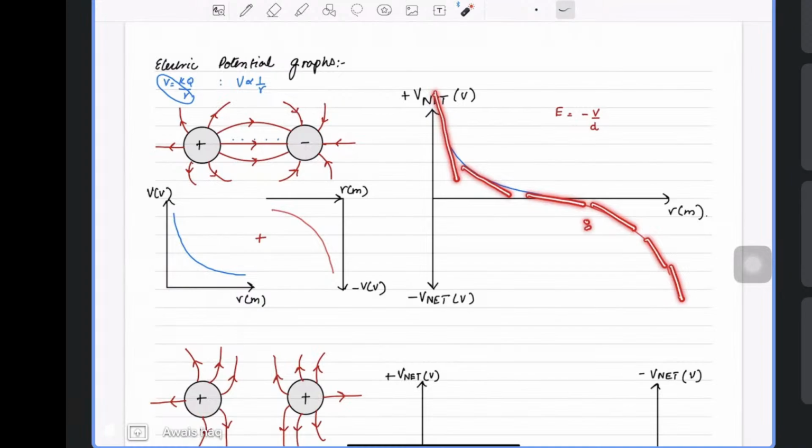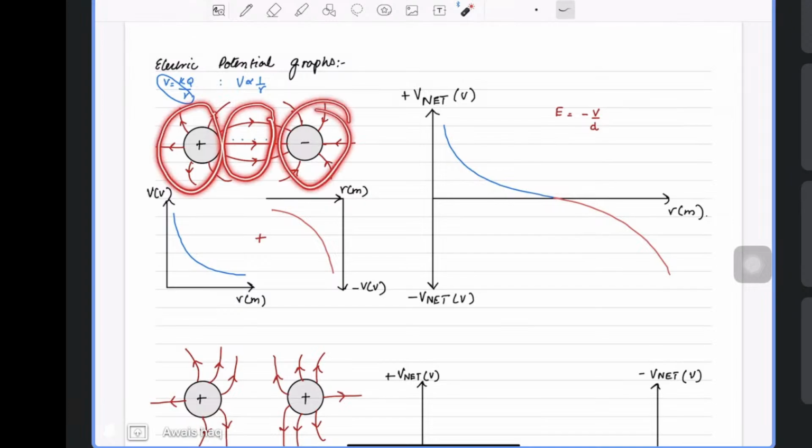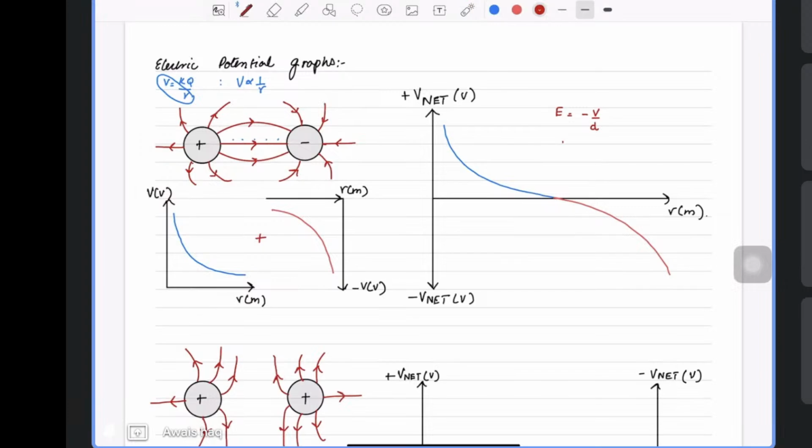Every point has a slope, which means in this one electric field strength will never be 0. So we could say electric field can never be 0 in a field where two charges are unlike. Do you guys understand this?